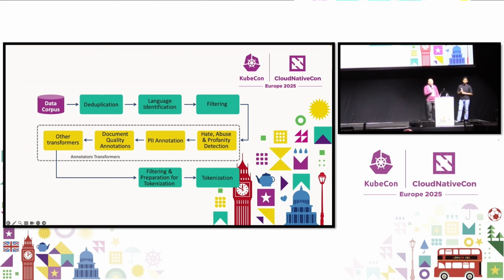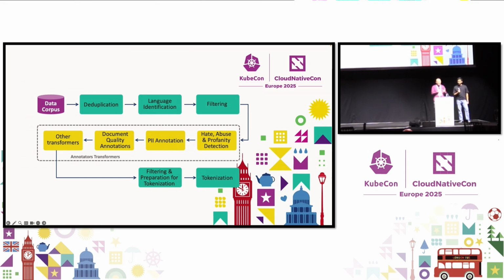Therefore, the first step in the data processing is deduplication, which can be exact deduplication or a combination of exact and fuzzy deduplication. After that, usually there might be language separation and filtering, which allows us to proceed with next steps based on a specific language, depending on the data input.